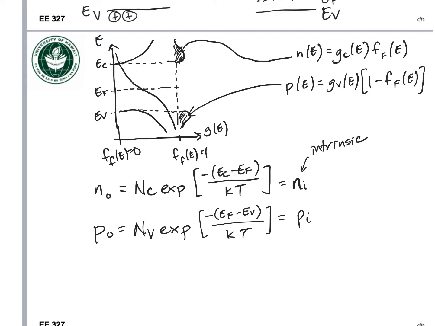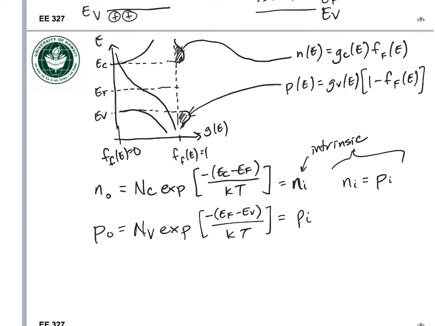For intrinsic semiconductors, we also know that the electron concentration should be the same as the hole concentration.